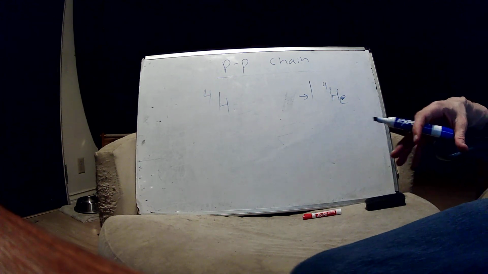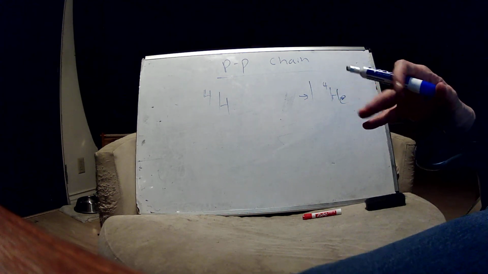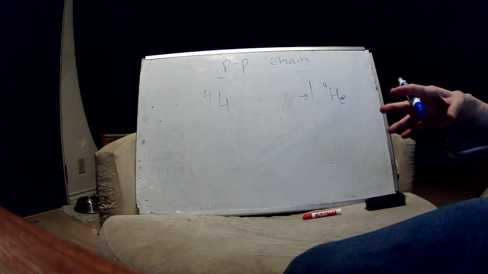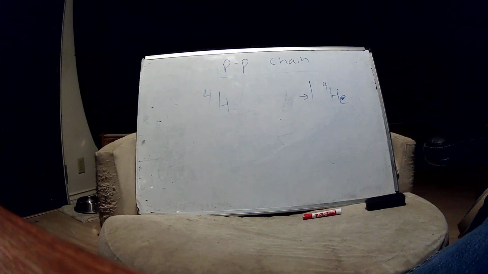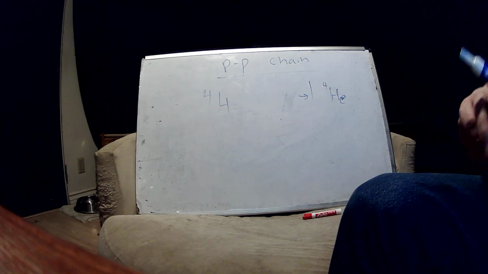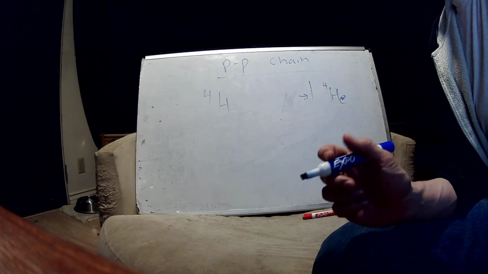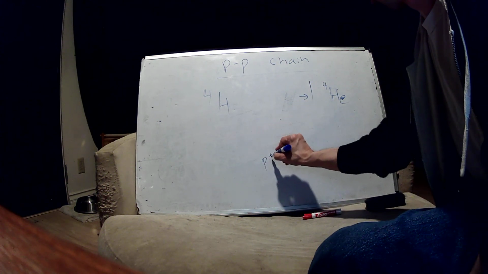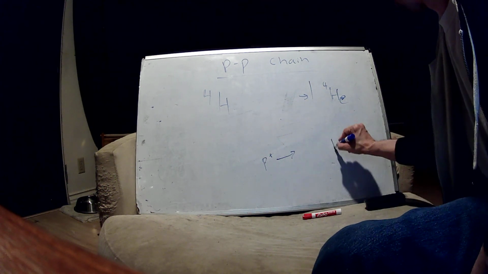Okay. Now, there are a number of ways that subatomic particles can interact with each other. And one of them is this funny kind of interaction where you have essentially a proton that collides with another proton.